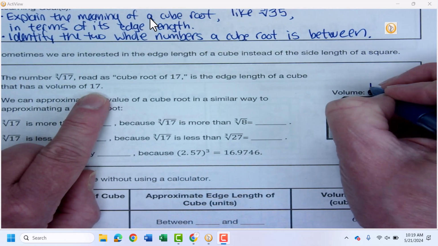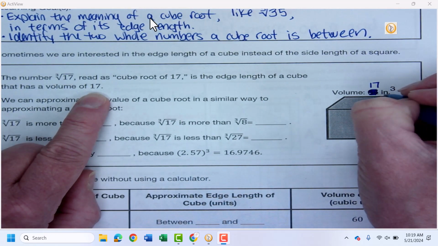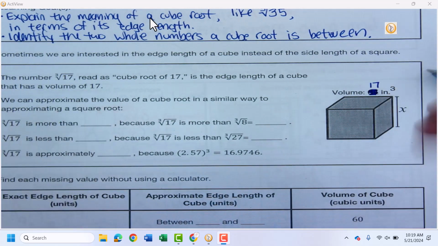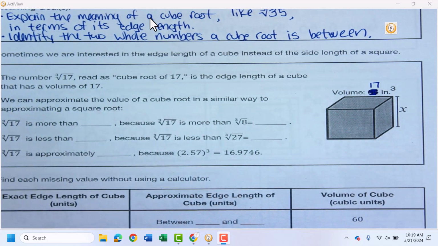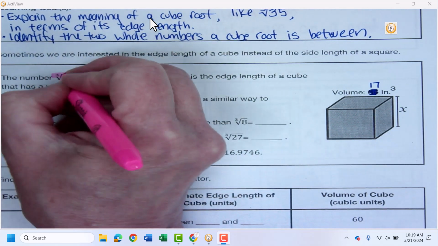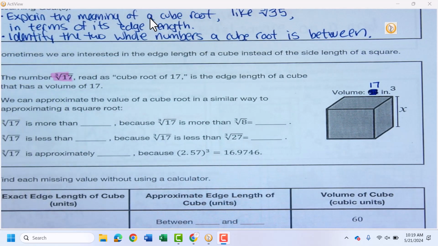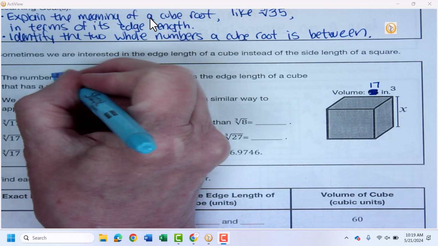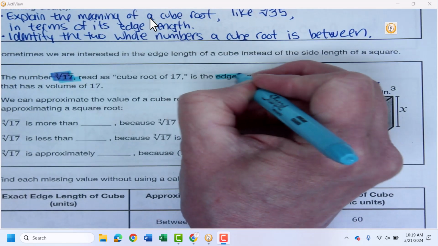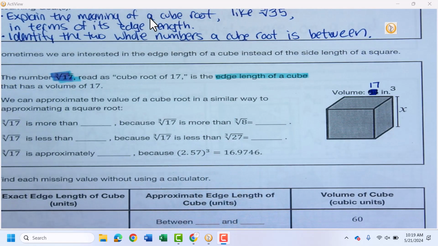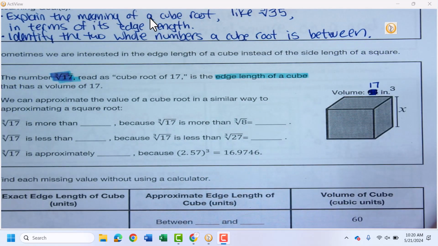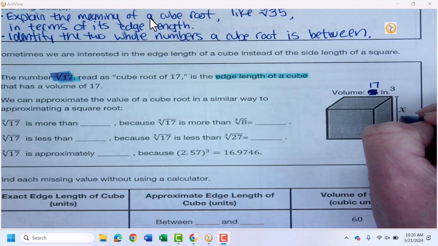So let's say the volume is 17 inches cubed. So this number, oops, I should do that in blue to match my number line down at the bottom. This number is the edge length of that cube. So if the volume is 17, the length of one edge is the cube root of 17.